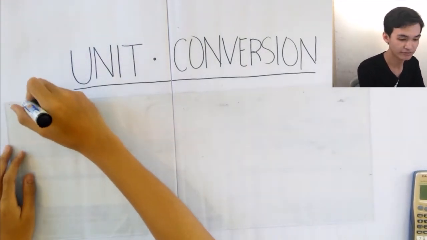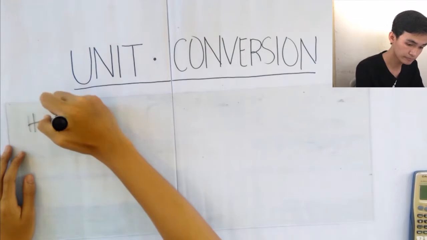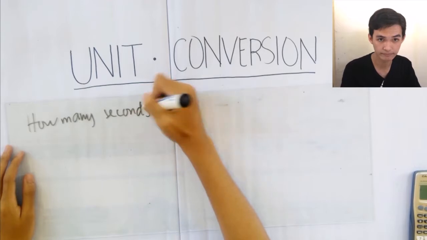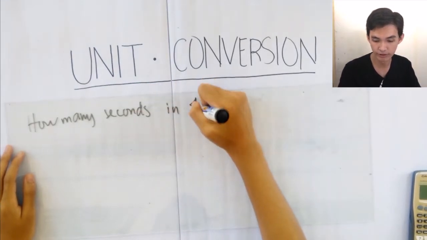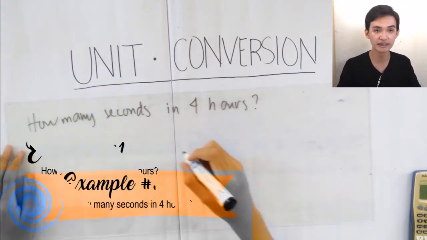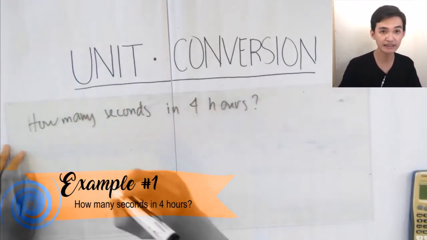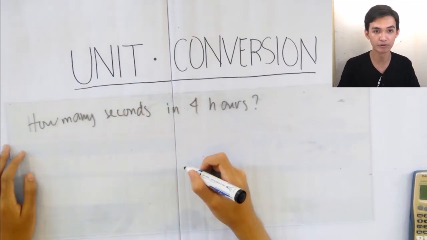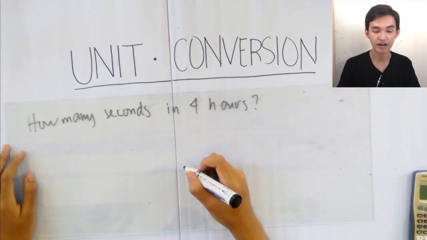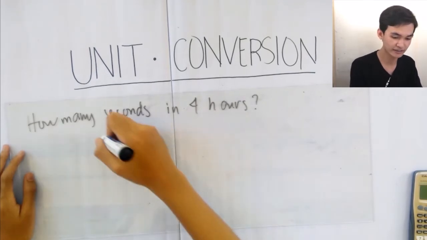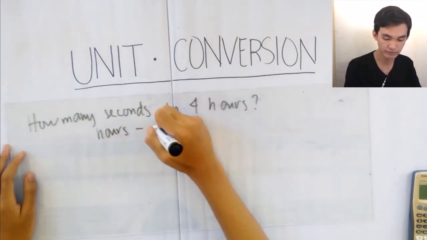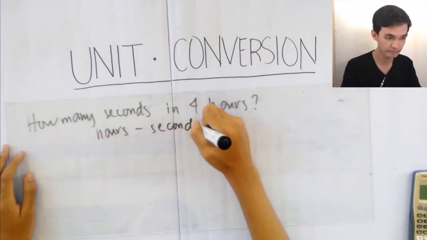Given the problem of how many seconds are in 4 hours, just like what we did in the first demonstration, we first identify what is being asked in the problem. According to the problem, we need to convert 4 hours into seconds. So write it down for you to remember: 4 hours to seconds.